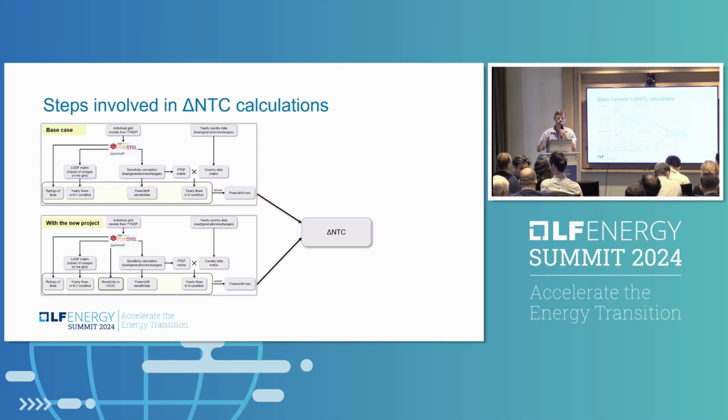We are talking about 5 or 10 years in the future. So we don't have this data, and you have to make big assumptions, and the theoretical gain of using AC load flows isn't real compared to DC in this case. Thank you.